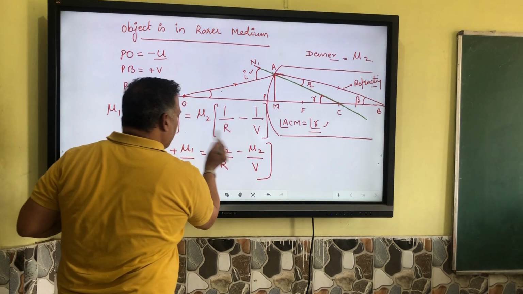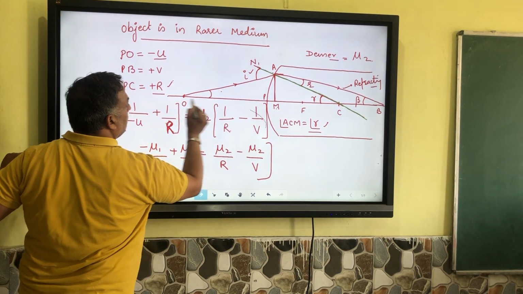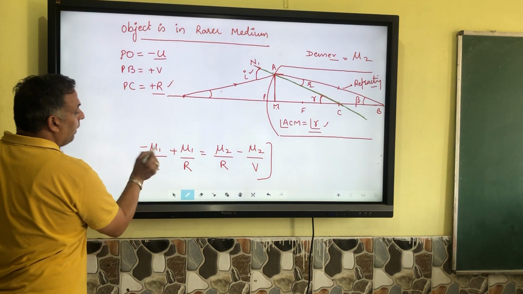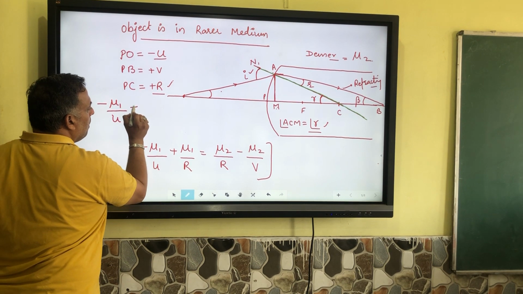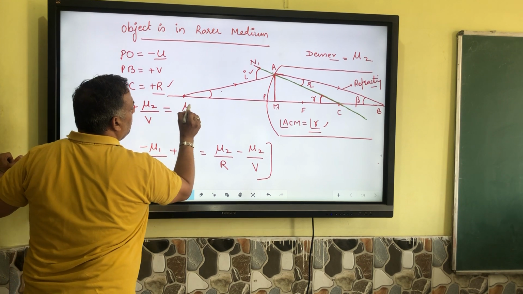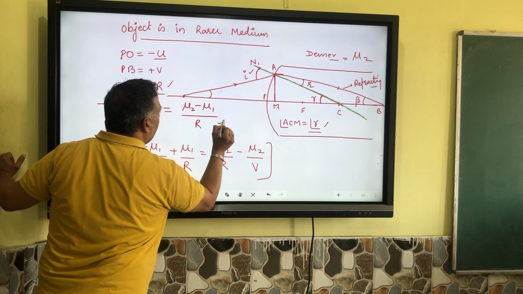Taking this to this side, the equation becomes minus mu1 upon u plus mu2 upon v is equal to mu2 minus mu1 upon R.